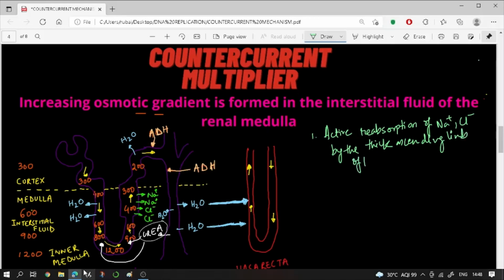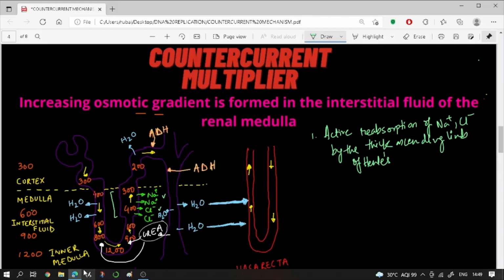So let's see what exactly happens during this time. Look closely at the thick ascending limb, this portion specifically. Reabsorption of sodium and chloride from the tubular fluid takes place actively with the help of ATP.